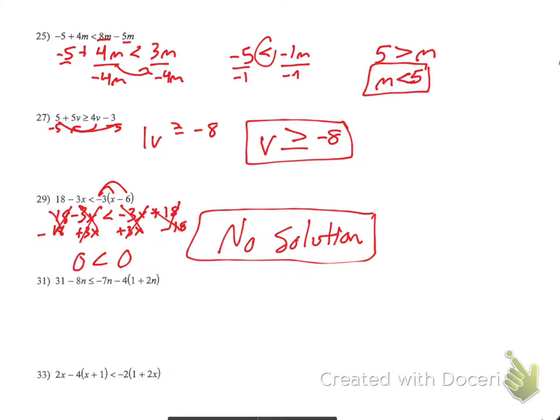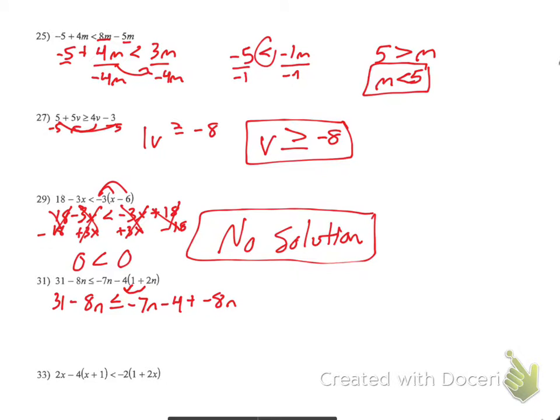All right, this next one I'm going to distribute first. So I have 31 minus 8n is less than or equal to negative 7n minus, so that'd be 4 times 1 is 4, and then plus negative 4 times 2n is going to be negative 8n.